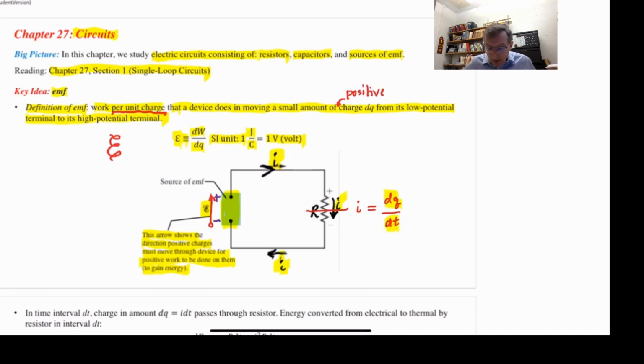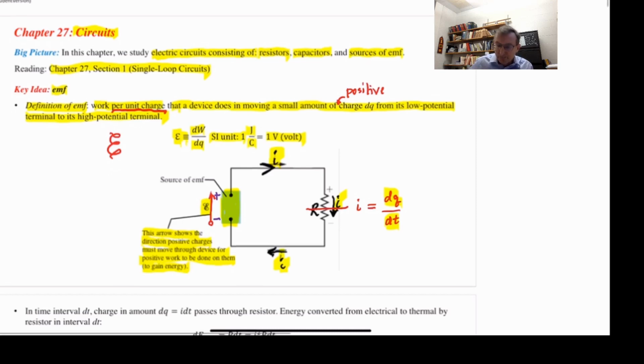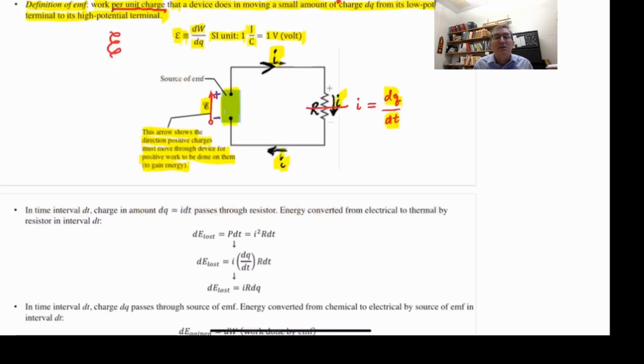All right, now we're going to apply some energy thinking to this single loop circuit. We'll try to keep enough of the words and the circuit diagram visible. Now we're going to imagine a small time interval dt.